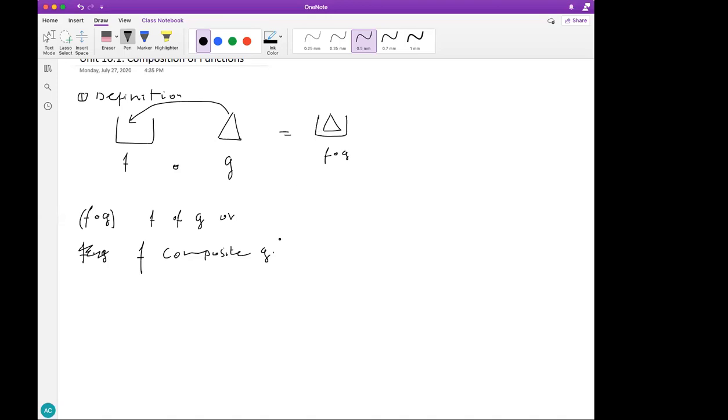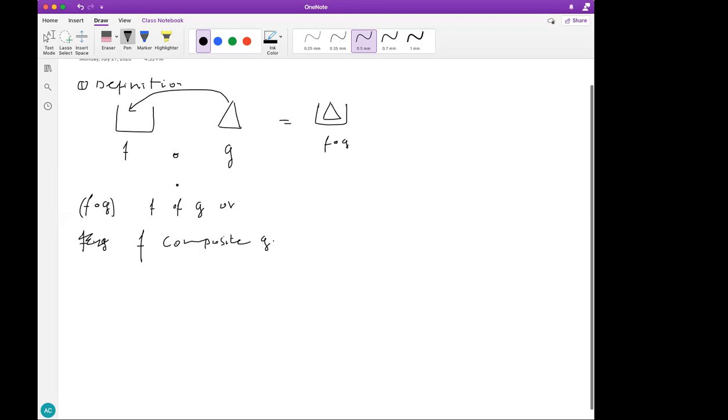So now, let's see how to do this with actual functions. This is just some models, but let's actually use two functions. Say take f of x, maybe 3x plus 1. We need another one. To make a composition of functions, you need at least two functions or more, at least two.